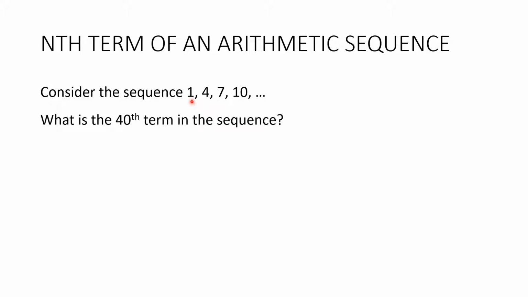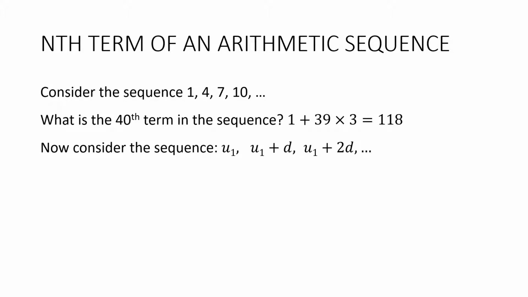Now can you see that we're starting at 1 and we're adding 3 each time, but when we get to the fourth term we've only added 3 three times. So if I want the 40th term, I want to add 39 lots of 3. So I'm going to start with the 1 and then add on 39 lots of this common difference. So our 40th term is 118.